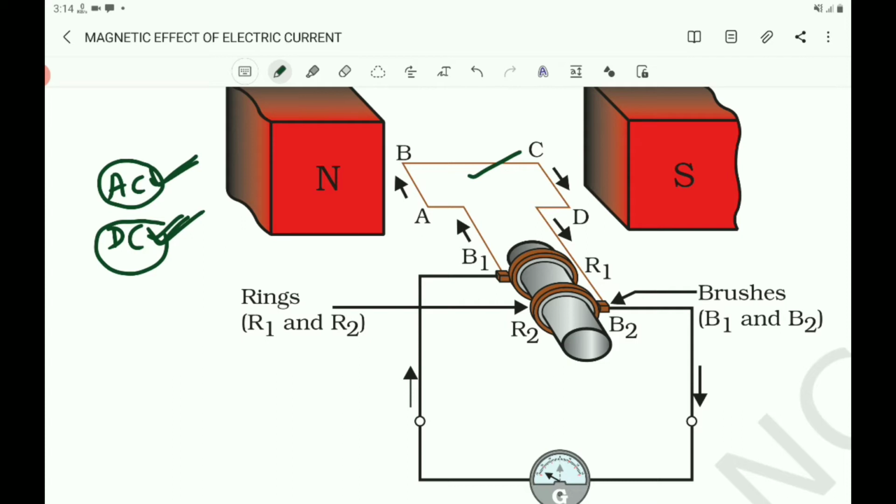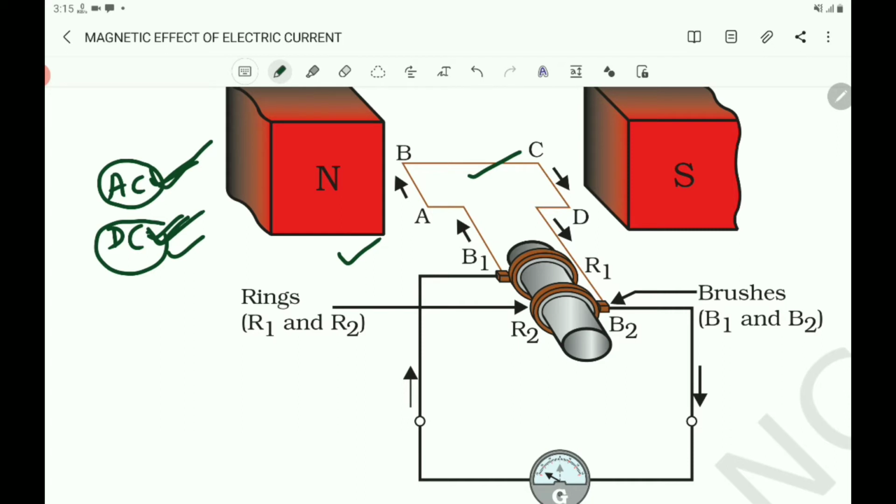Dry cell, button cell, lead accumulators, all these are sources of direct current. And the generators of nuclear power plants, thermal power plants, hydroelectric power stations, all these are AC generators. Now let us discuss the construction and working of AC generators.